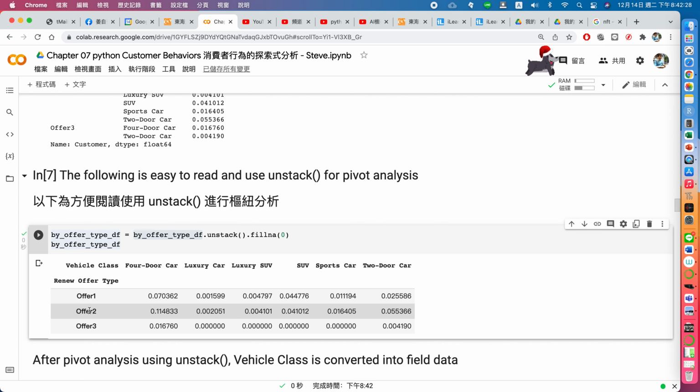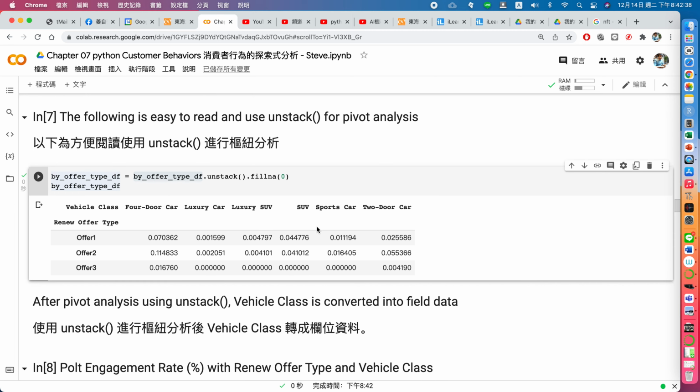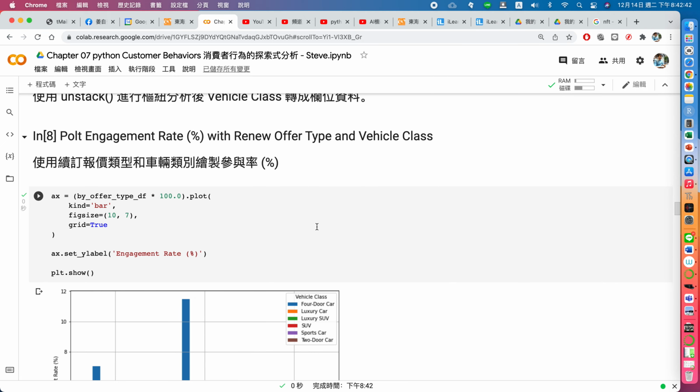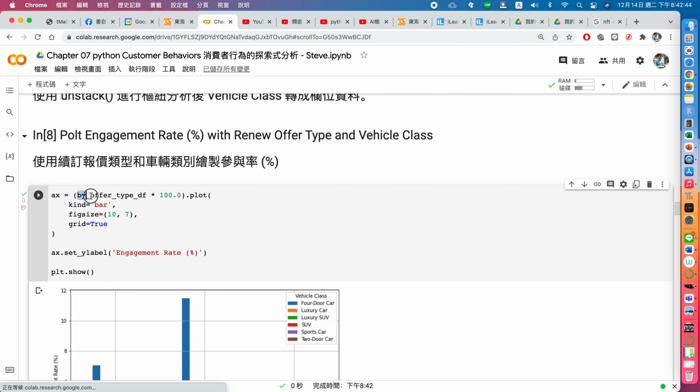Okay, so there are 3 crossed by 6, so there are 18 cells for these pivot tables. Okay, it's time for us to draw the diagram for each offer type DF.